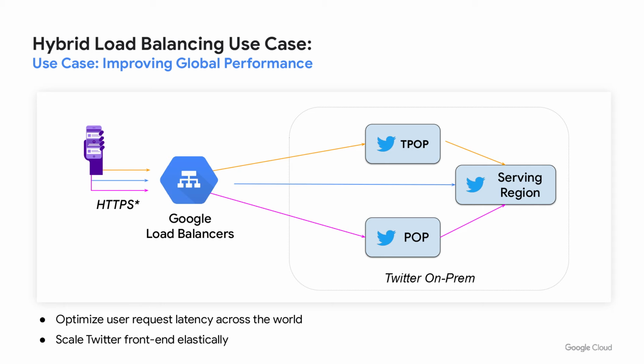Before, Twitter user traffic terminated only on our front-end servers in our data centers or POPs across the world. With Google, we are able to stand up front-end servers in many more locations where we do not have physical presence. This way, latency from the end user to the front end for TCP and TLS handshake is lower, and overall request latency is lower, improving user experience.